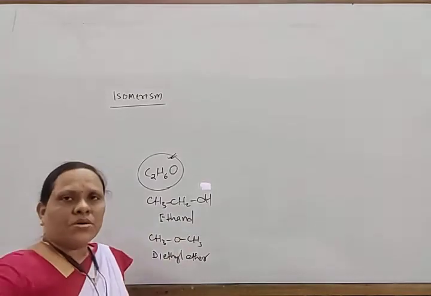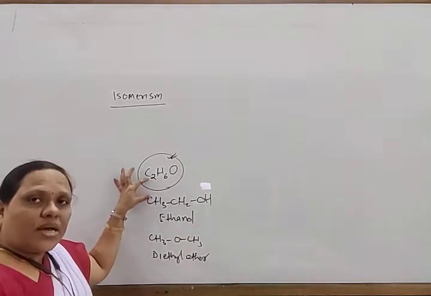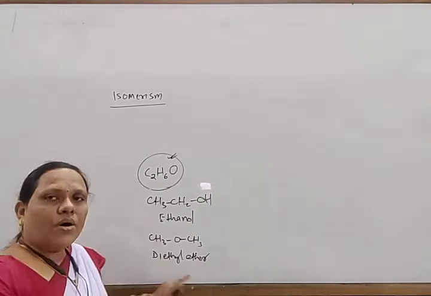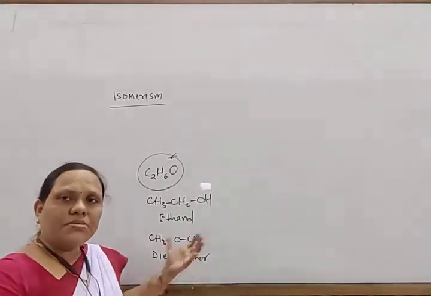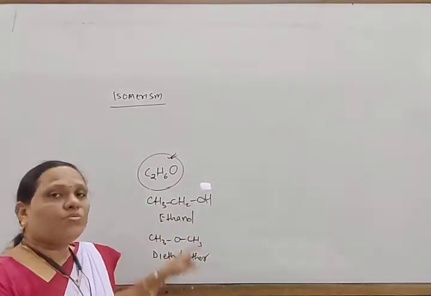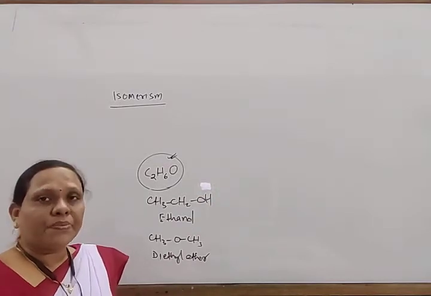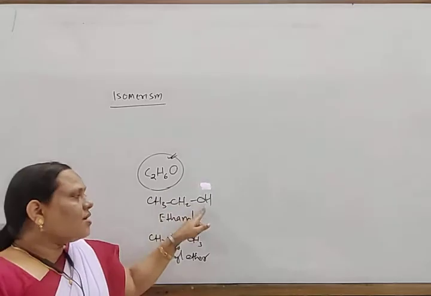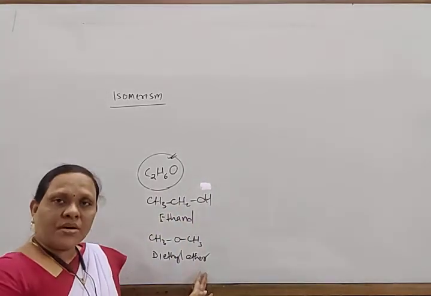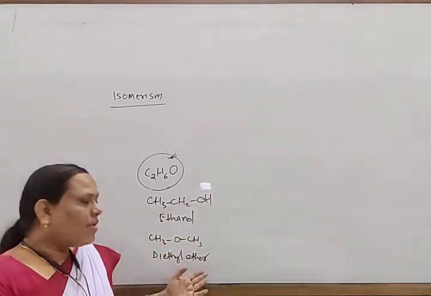Similarly, there are some other compounds. So when the same formula represents 2 or more compounds, which have different physical as well as chemical properties. Look here, this ethanol has different properties than that of the ether. This is water soluble, this is water insoluble.